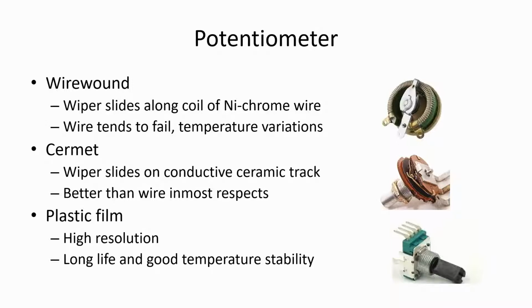They are better and more reliable than the wire wound type of potentiometers. The next is the plastic film type of potentiometer. Here the resolution is very high, the life is long, and they have good temperature stability.